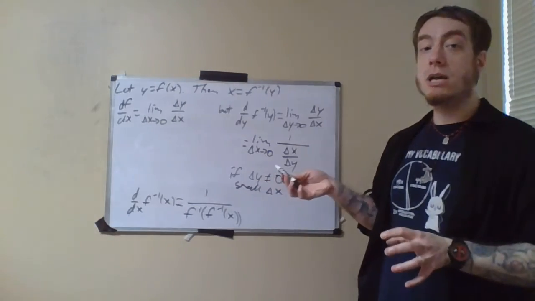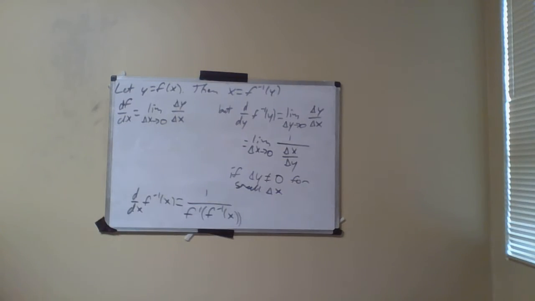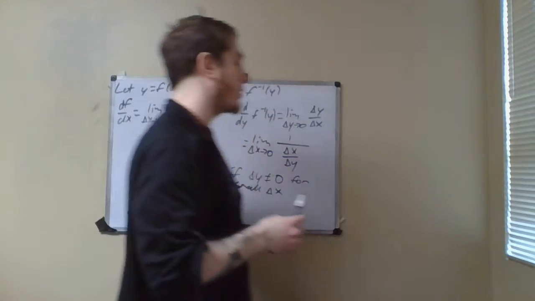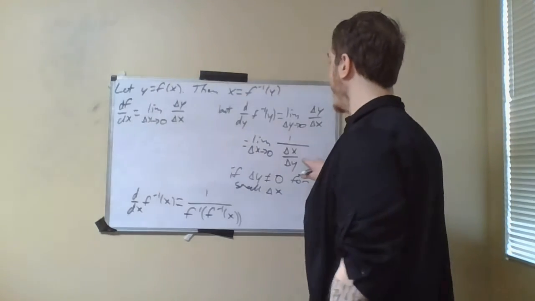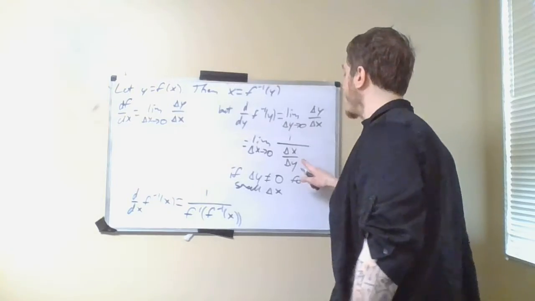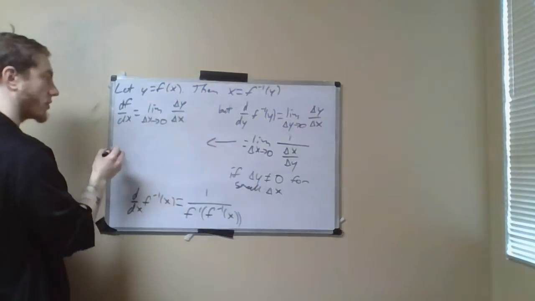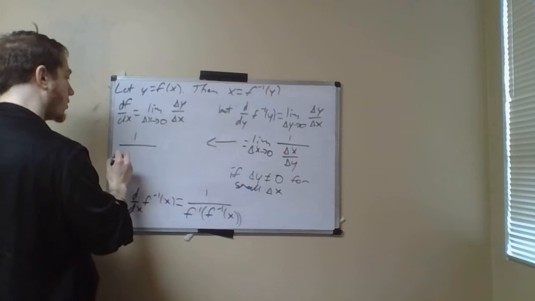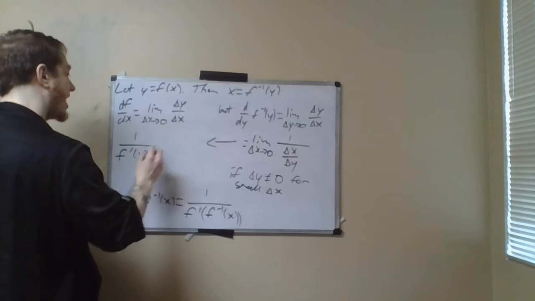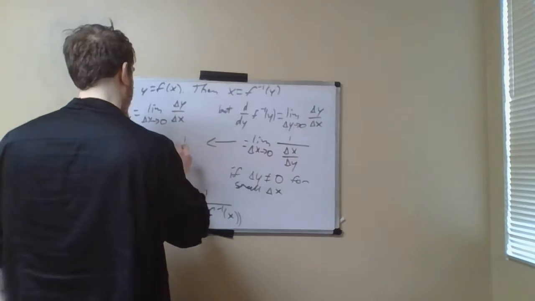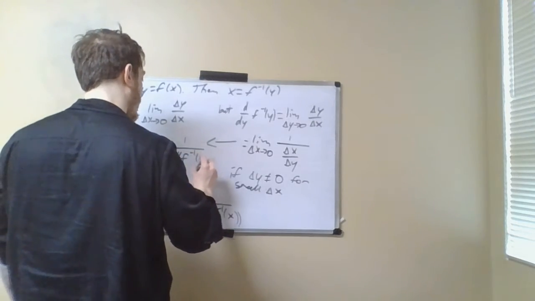Okay, so this formula is identical to what you get when you use this method of derivation. And to switch out the variables, what you have to notice is that this is going to be, I don't have room to write it over here, so let me write it over here, 1 over f prime of x, which is actually equal to 1 over f prime composed with f inverse of y.